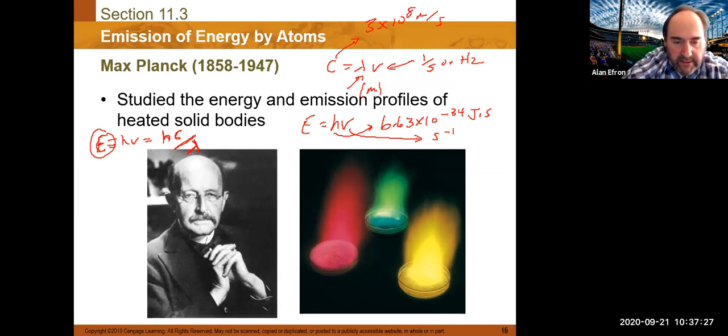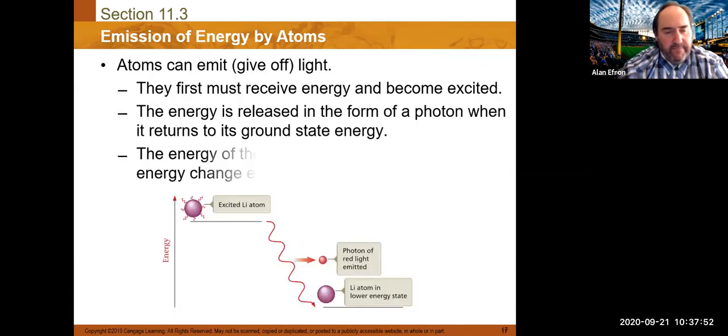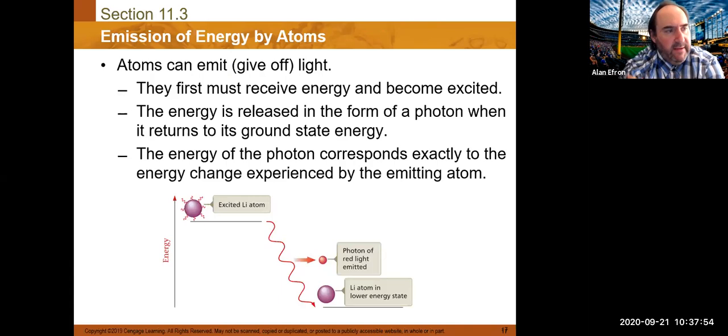All right, so we left off here with Planck, who is the h from Planck's constant. He studied a lot about energy and emission profiles when he heated solids, and he saw that energy was being given off of those solids as it was being heated. When you do those sorts of things, you give energy to atoms.